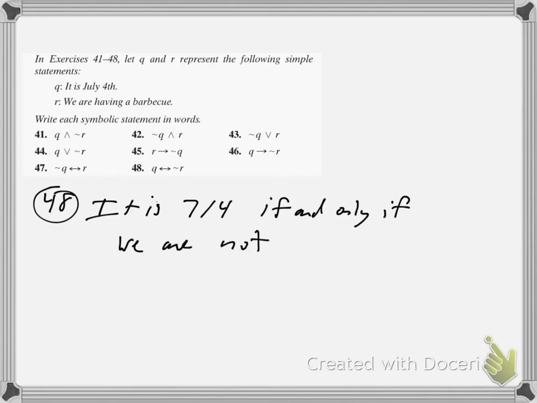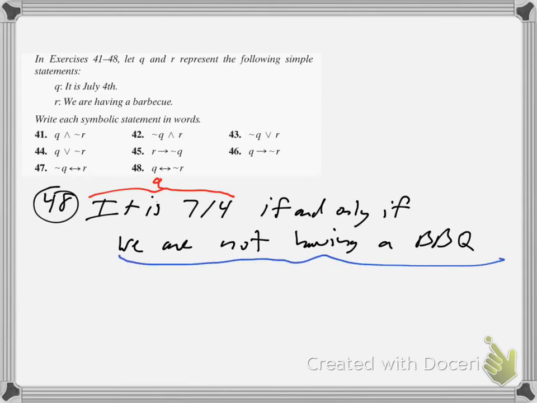We are not having a barbecue, because that would be not R. Okay, so this part right here is Q. And this part right here is not R. Okay?